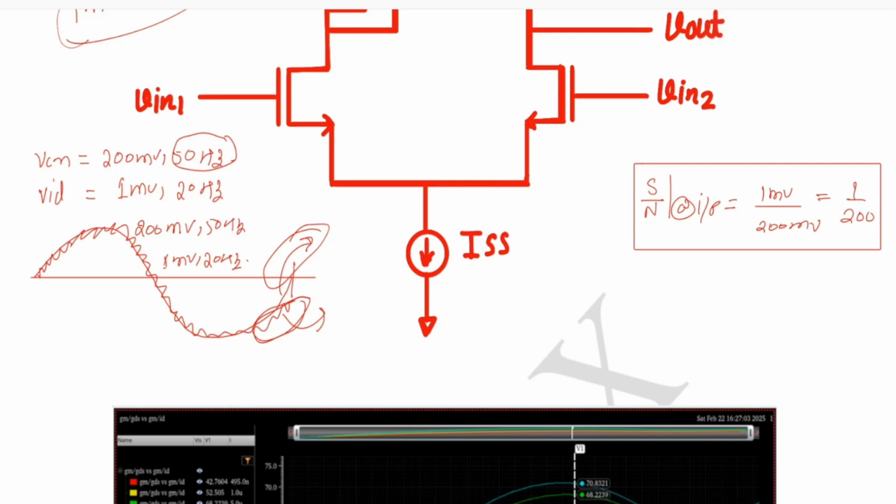Now we will calculate the signal to noise ratio at the output side. Before that we will calculate CMRR. We know that in a 5T OTA the differential gain will be gm of the input transistor into RO2 parallel RO4.